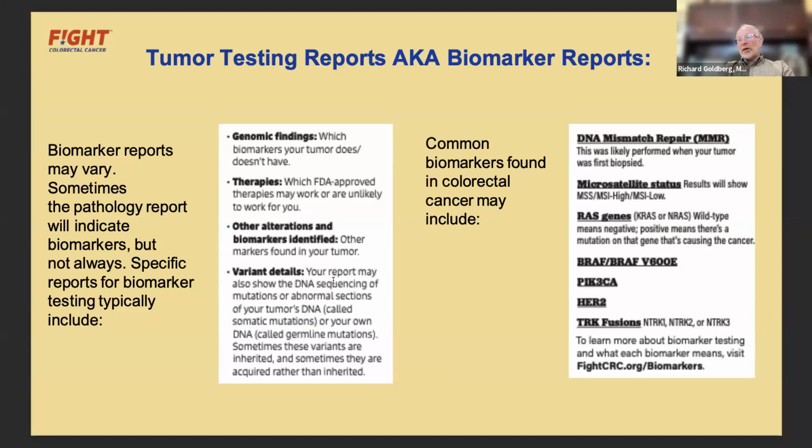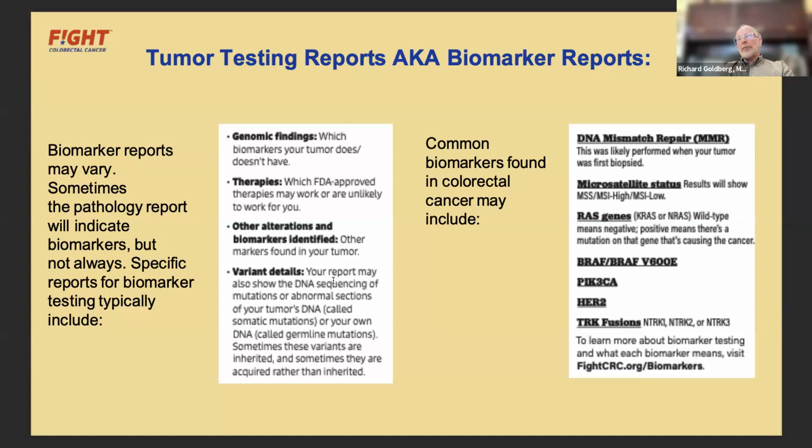So let me go back to explaining the predictive part of this. There are two particular drugs that we commonly use for treating advanced colon cancer that are very similar to each other. One is called cetuximab, the other is called Vectibix. Their chemical names are cetuximab and panitumumab.